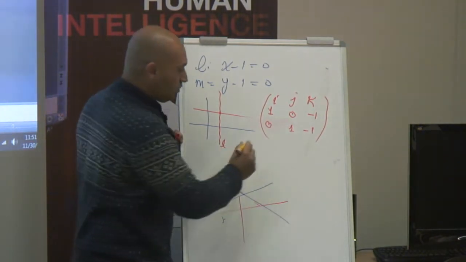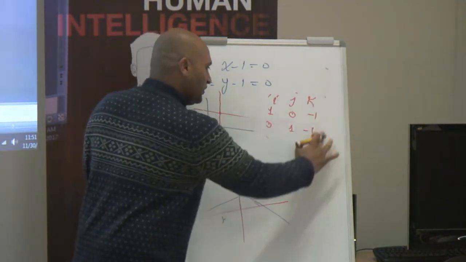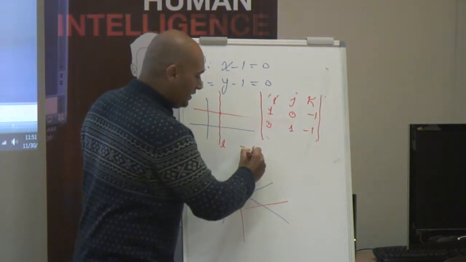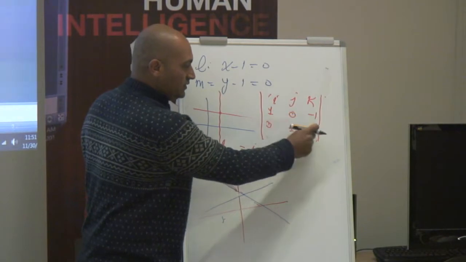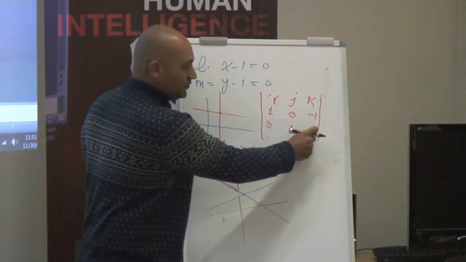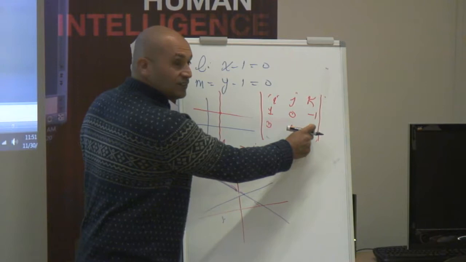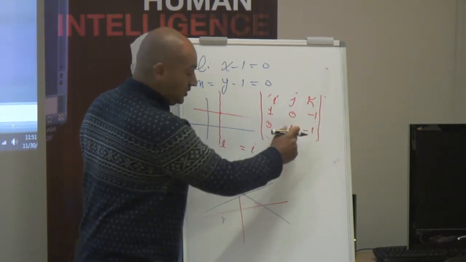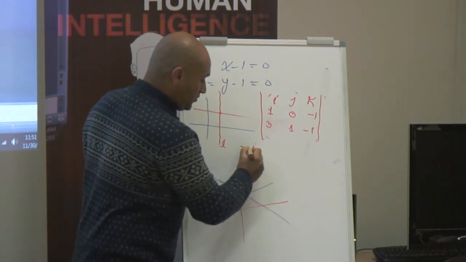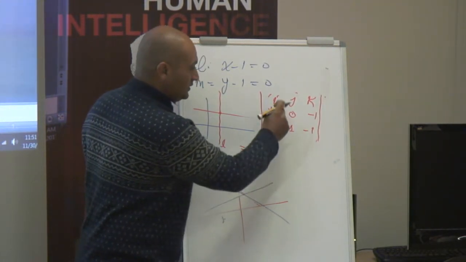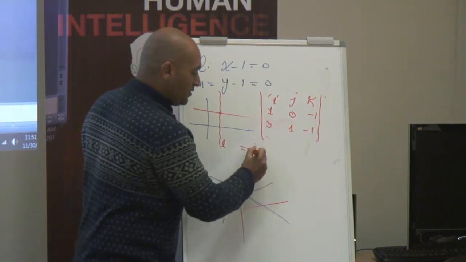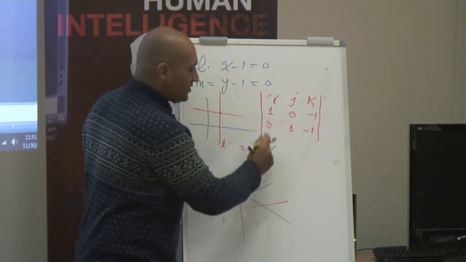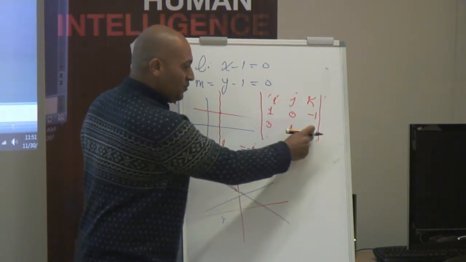Cross product is pretty much computing the determinant of this matrix. This will give us 0, and this will give us minus 1, which is minus i, plus, this is j multiplied by minus 1.